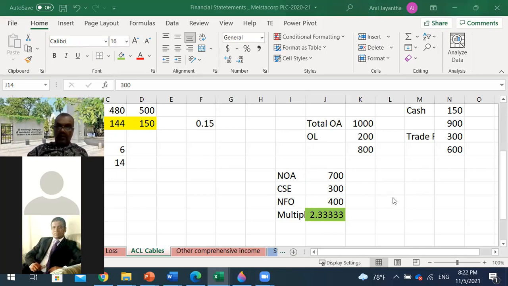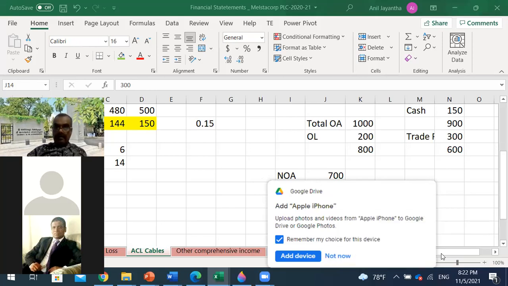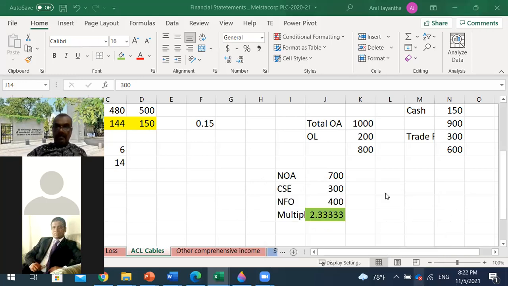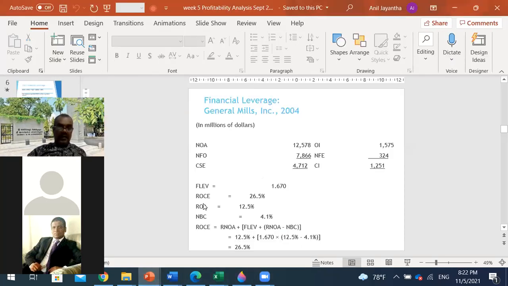So this machine is also giving some problems. 12.52. 12.5, yes. So therefore here there is a mistake.